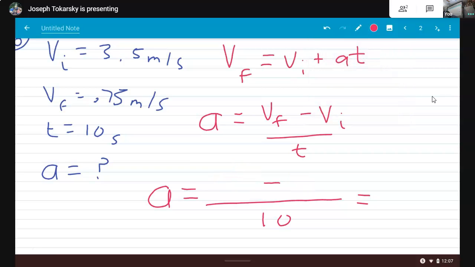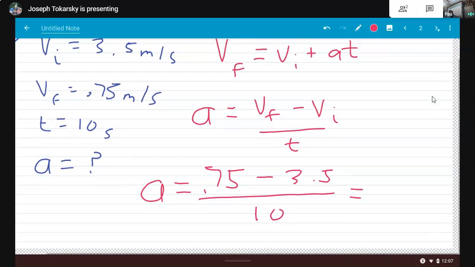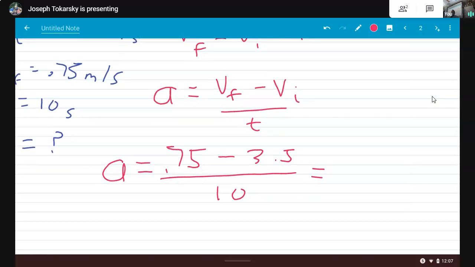So the 0.75 goes here, and 3.5 goes here, making it a negative number, which should make sense. I'm slowing down. I'm going in a defined positive direction, right? In order to slow down, if I was going positive, this better come out negative. And that's how you get about negative 0.28 meters per second squared.